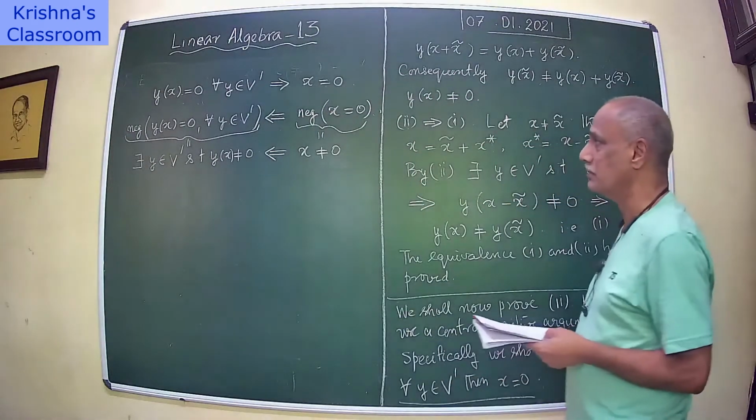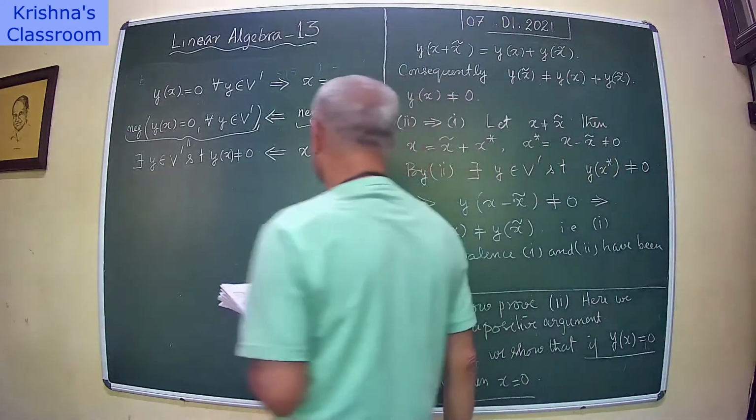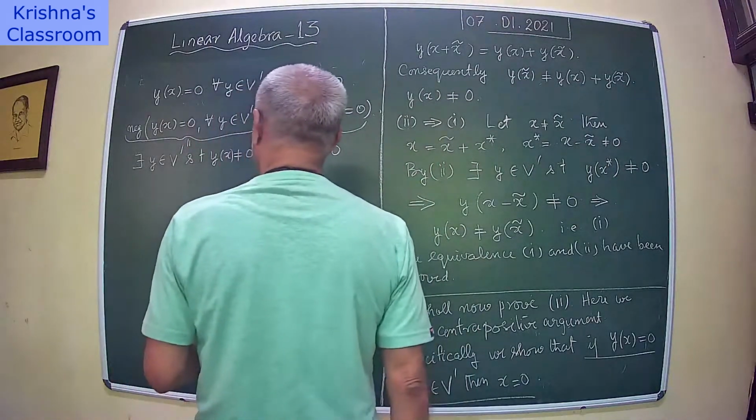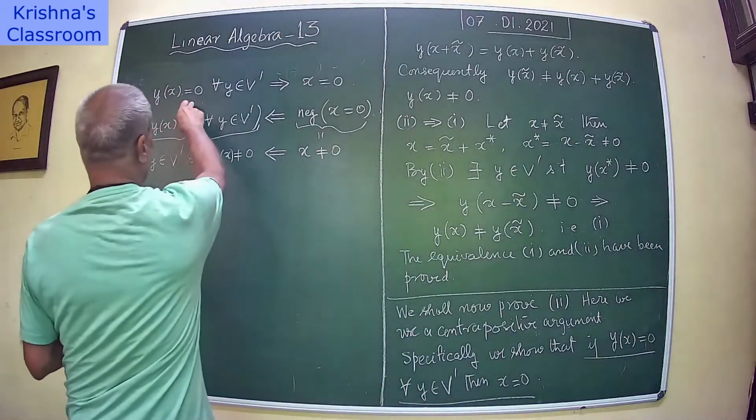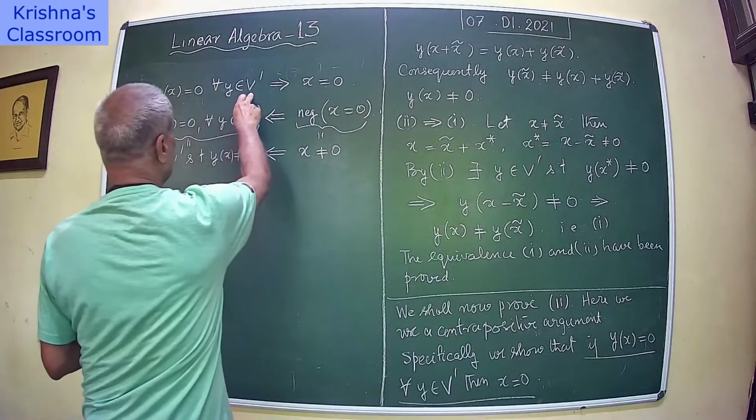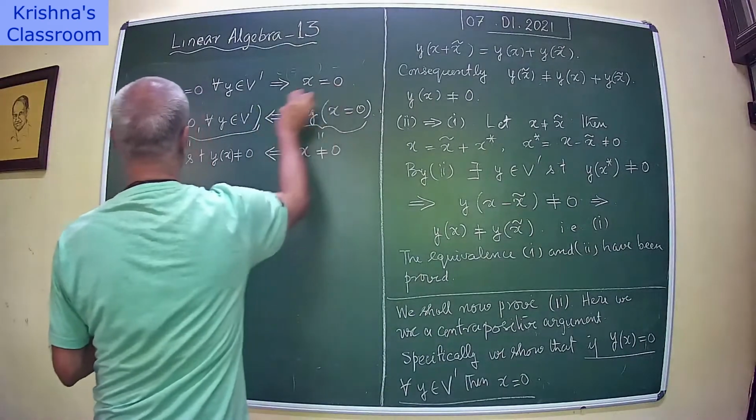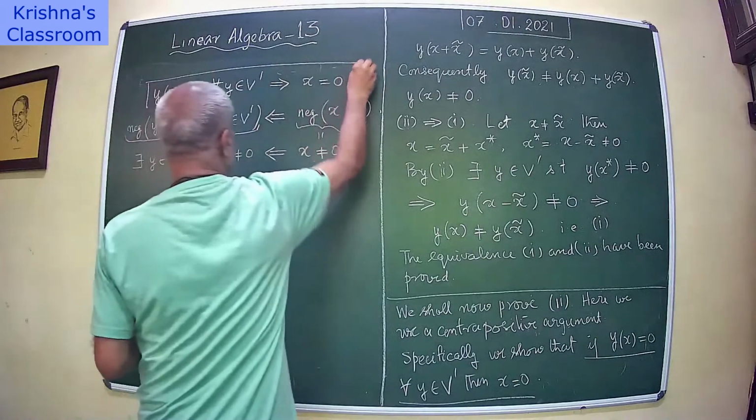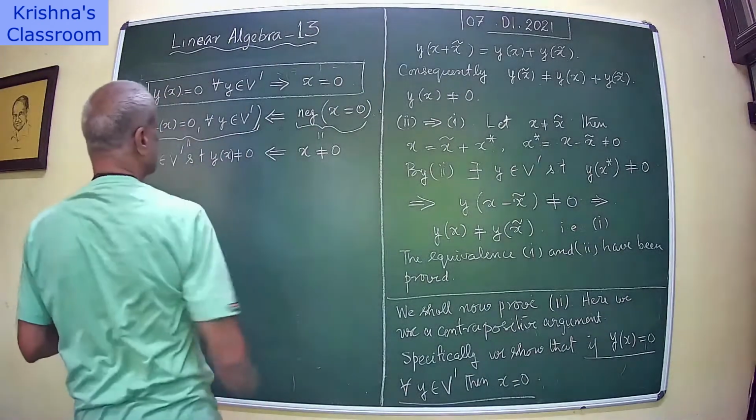That's how it comes. Okay? So it is enough to prove that y x equal to 0 for every y belonging to B prime implies x equal to 0. Now let us do this.